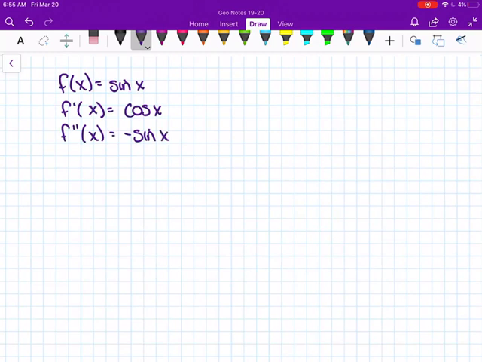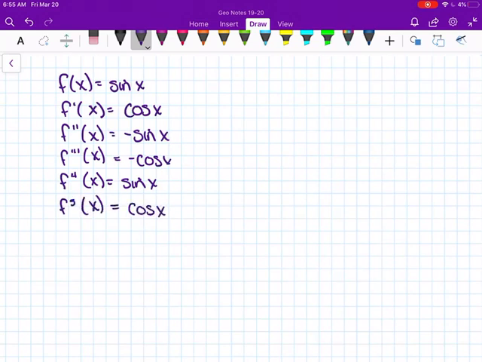Third derivative, negative cosine. Fourth derivative is sine. And our good old friend, the fifth derivative, is cosine. Probably didn't have to do 5, but I'm just going to make sure.